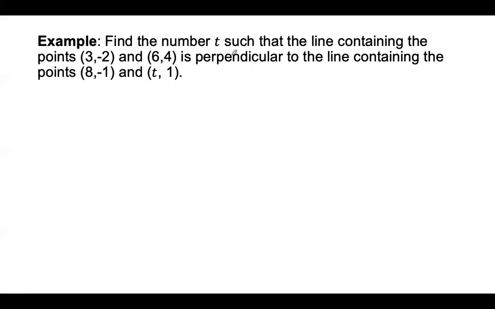So find the number t such that the line containing these points is perpendicular to the line containing these other 2 points, but there's a t here. Okay, so it's a little bit more dicey. So M1 is equal to the slope of L1. Now we know how to do it slowly, so I'm going to speed up here.